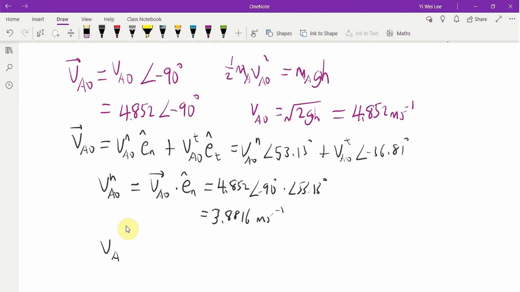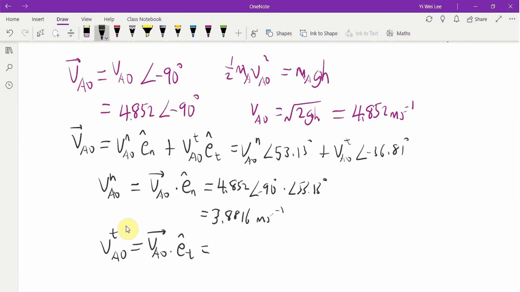VA naught T. So how do you say VA naught T? VA naught T is basically the component of the velocity of A naught in the tangential direction, which in this case we dot product with ET. Let me just repeat.